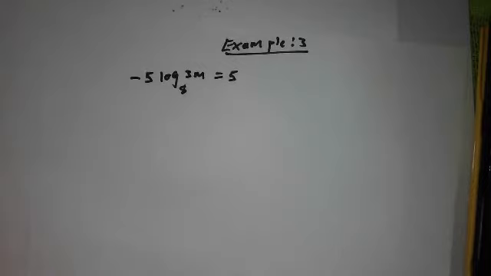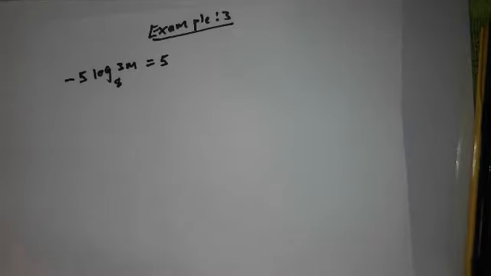Okay, let's move to our final example. Our final example here is negative 5 log 3m base 8 equals 5. Again, as we discussed in previous lessons, when you're solving logarithmic equations, you're solving it like a normal equation.